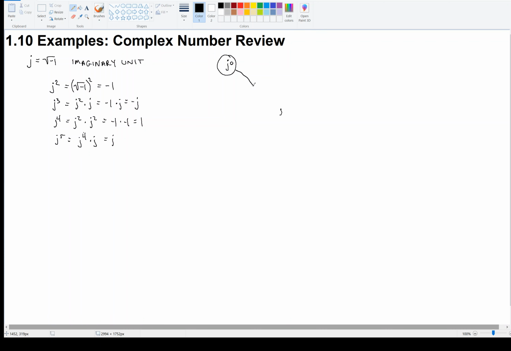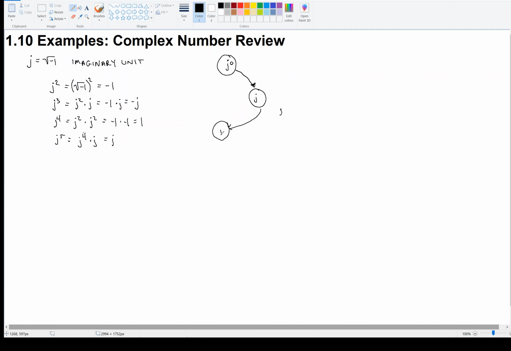And then if we multiply by J, okay, then we would have J to the first. And then if we multiply by J again, so this would be J squared, that'd be -1.